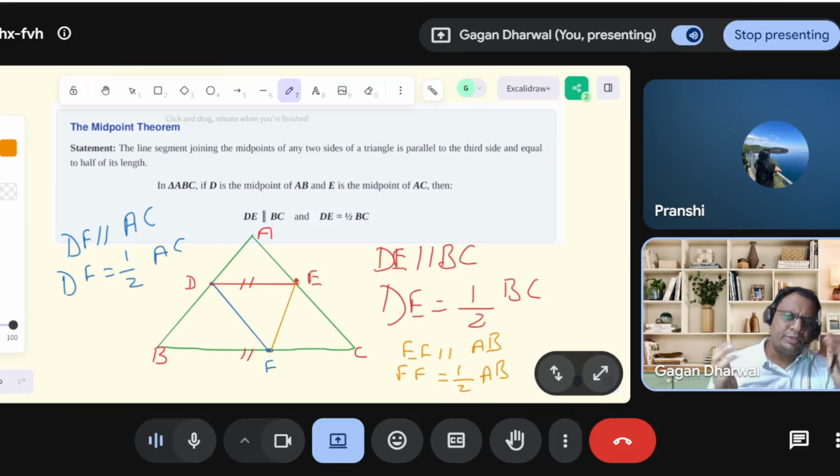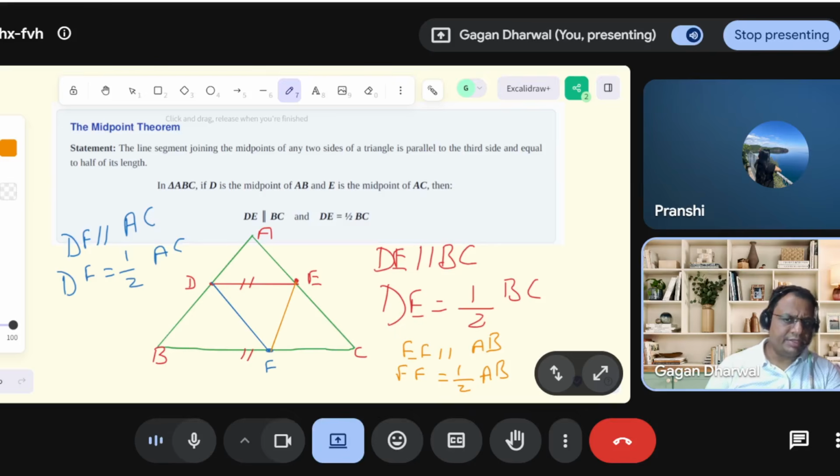The midpoint theorem is basically a special case of the basic proportionality theorem. In the basic proportionality theorem, those points can be any points, but in the midpoint theorem, those points have to be the midpoints. And when the line segment joining the two midpoints is parallel to the third side, it will be half of it as well. That's what the midpoint theorem says.